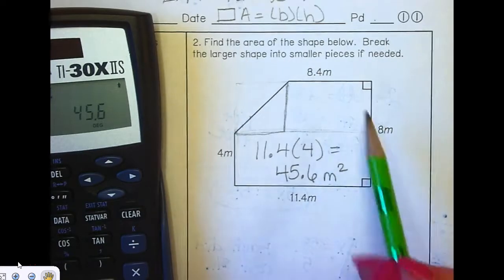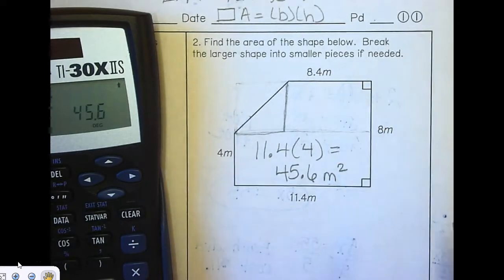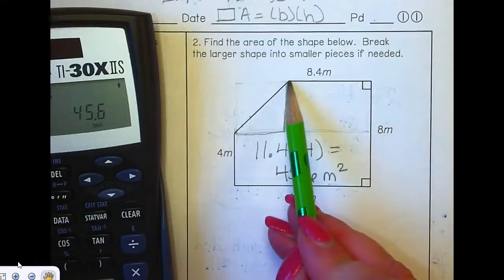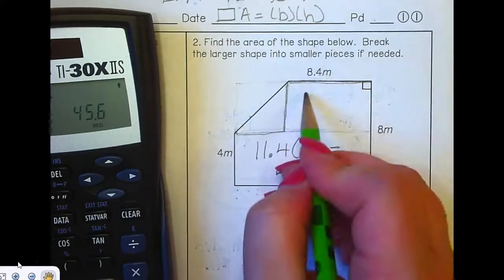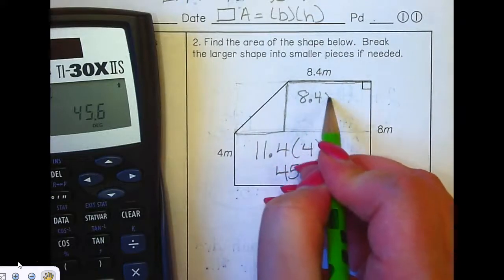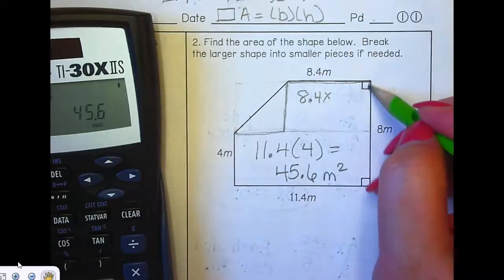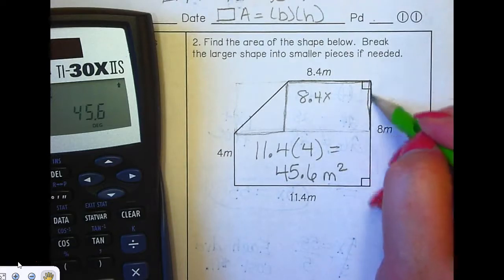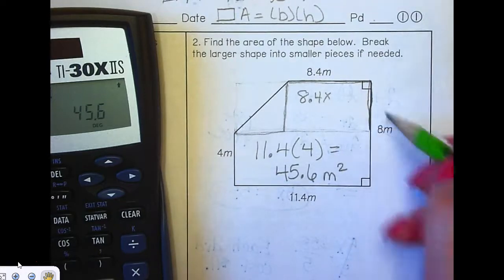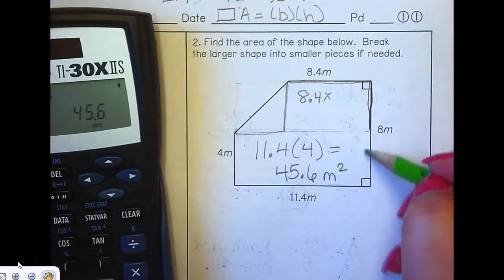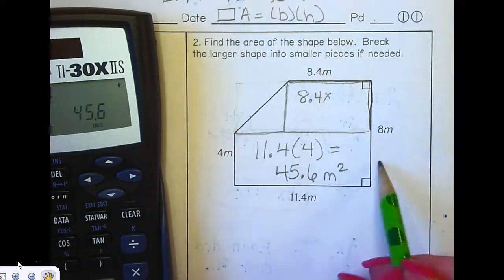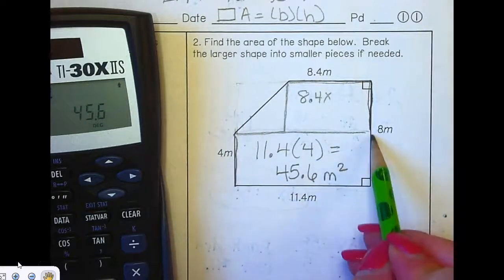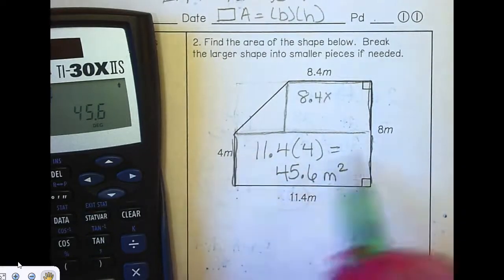All right, let's talk about this shape. What is our base? It is 8.4. And what is our height? Is it 8 or is it 4? It's 4, because this whole thing is 8. And we know that this bottom half right here is the same as this. This is 4 and that's 4.